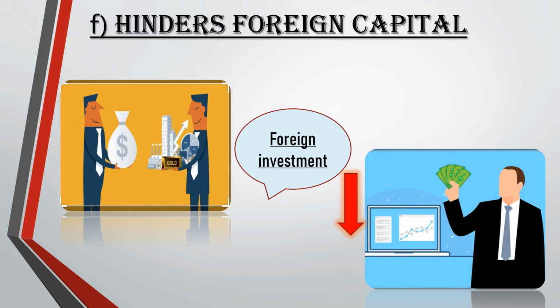So this is one of the impacts of inflation on production. The foreign investors are not much interested now in investing or producing goods in the country. So it is one of the serious impacts of inflation on the economy. So let's move to the next point.